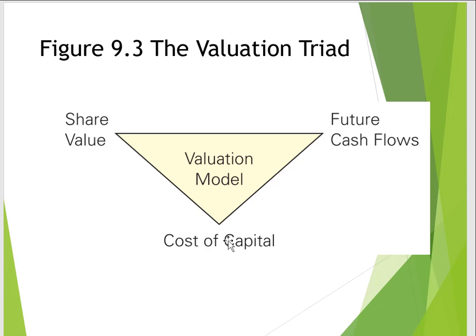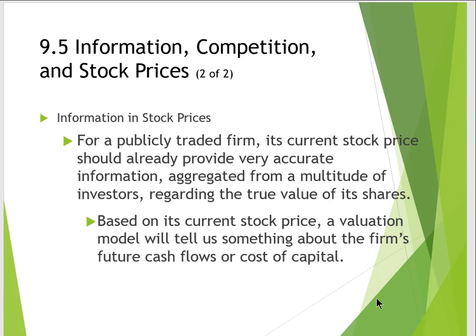If you know two of these, or if you're fairly certain of two of these, for the third you have an understanding of what its value might be. Now, if you think about information, is the information that we have good information? Is it sound? Is it accurate? For publicly traded firms, the current stock price should already incorporate accurate information.